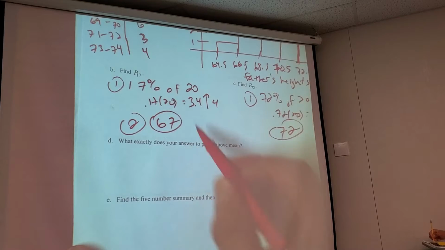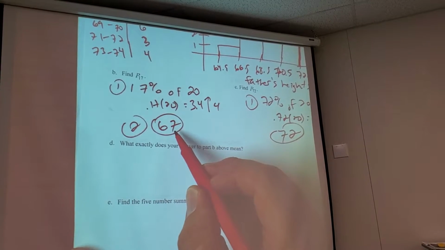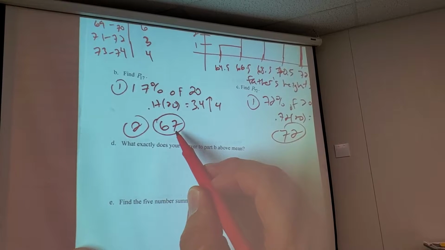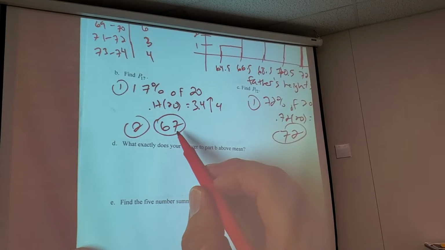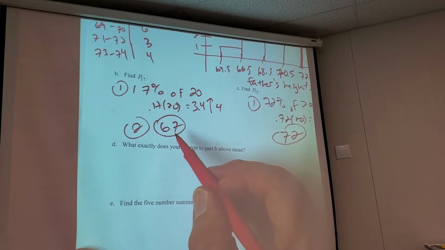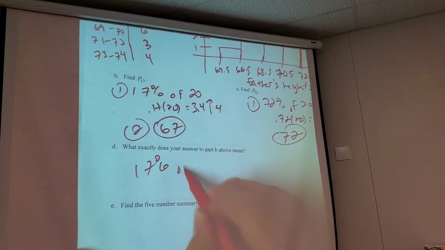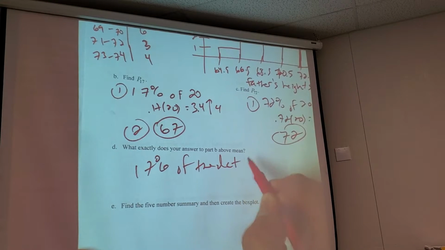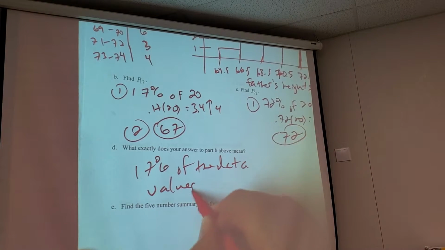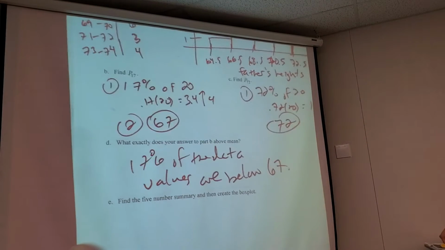What exactly does this answer mean? The 67. What does it mean? 67 is the 17th percentile. Okay, what does that mean? 17% of the data values are below 67.